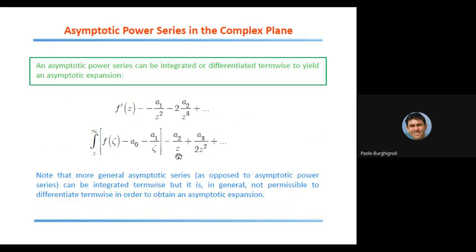And integrating term by term, you get this asymptotic expansion. More generally, if you have an asymptotic series, which is not necessarily an asymptotic power series, then you can integrate term by term, but in general, you cannot differentiate term by term. This is possible if you have an asymptotic power series, which is a lucky circumstance, of course.